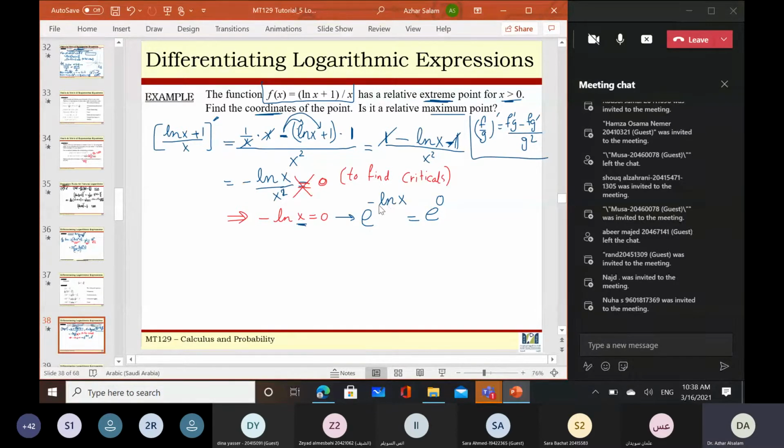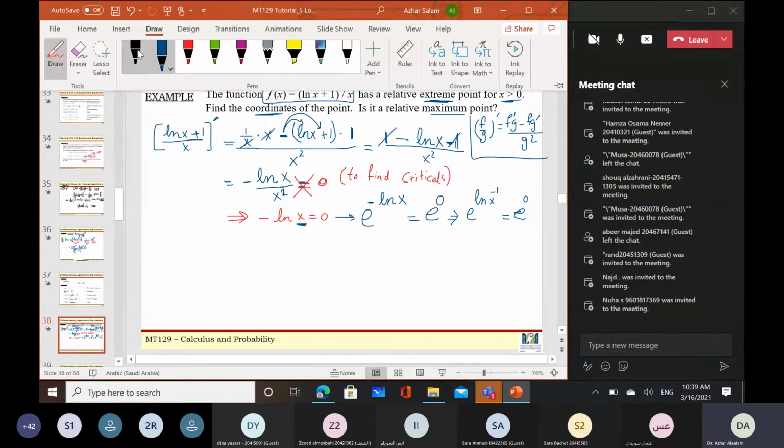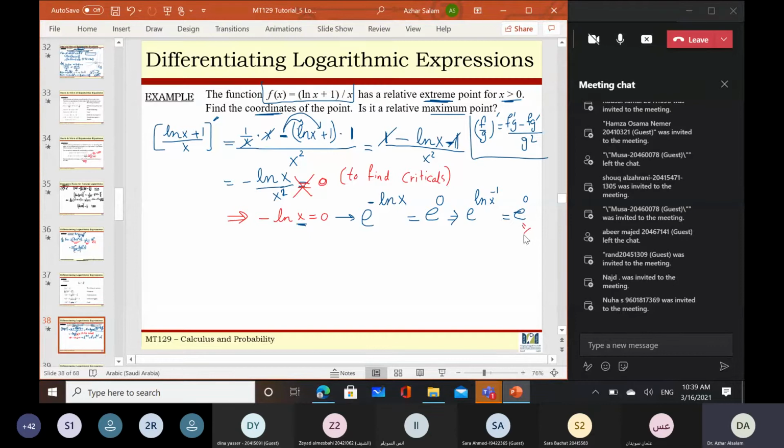Of course here, before I omit e with ln, I have to make this an exponent for x. So here it's equal to e to the power ln x to the power minus 1, equals e to the power 0. e to the power 0 is actually equal to 1, since any number to the power zero equals one.